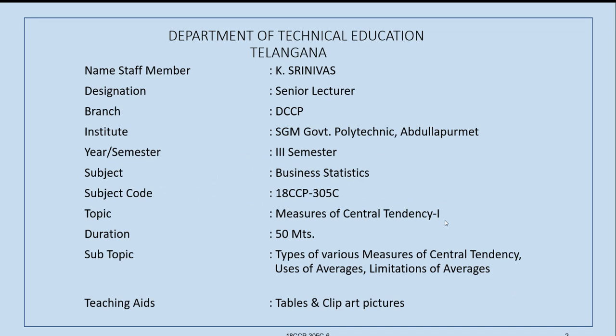In the first unit of business statistics, we have already seen the introduction of statistics in detail: what is statistics, definition of statistics, functions of statistics, importance of statistics, and limitations of statistics.